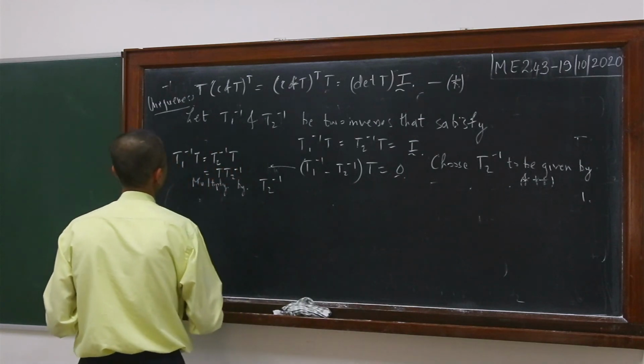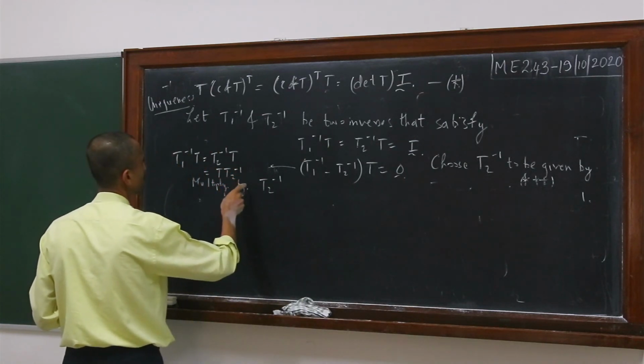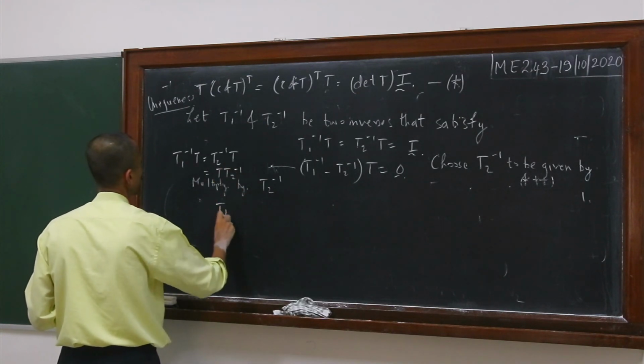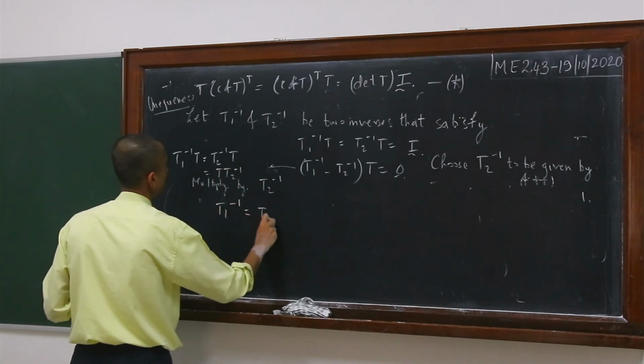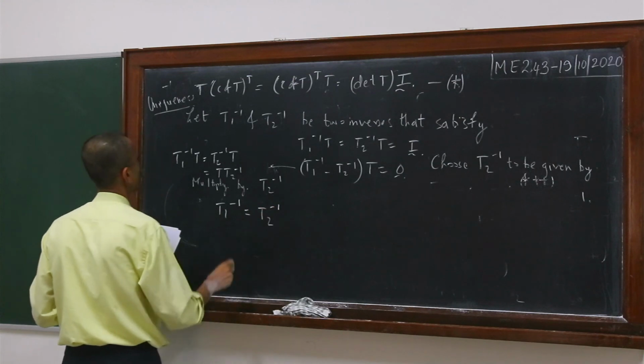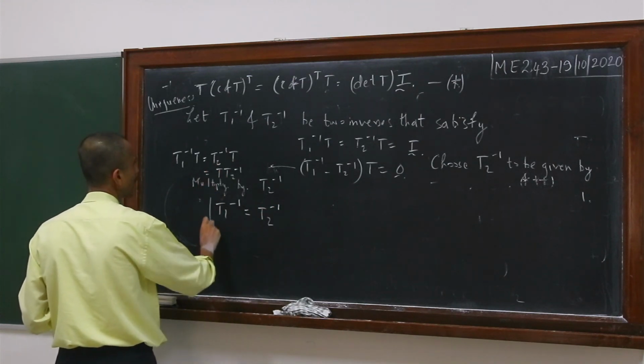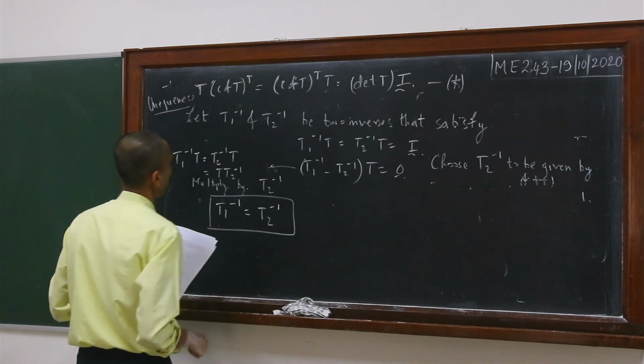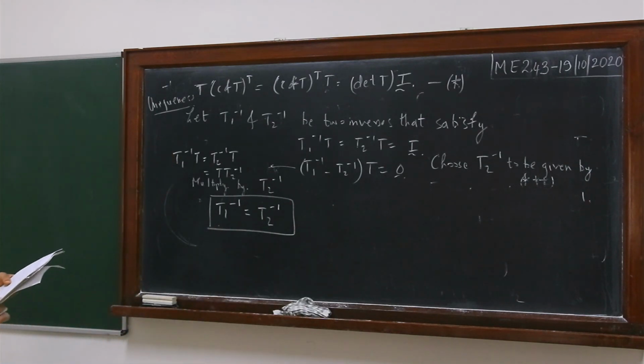Then, because T times T2 inverse is identity, you will get that T1 inverse is equal to T2 inverse. You get this because you have this commutative property. So that is how you can show the uniqueness of this one.